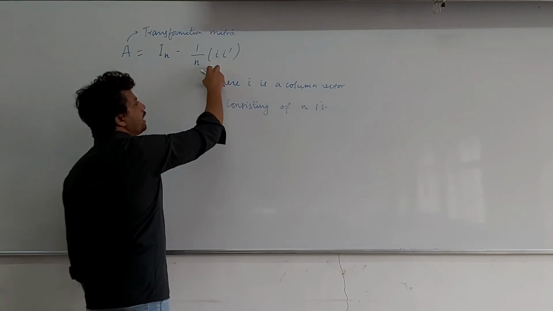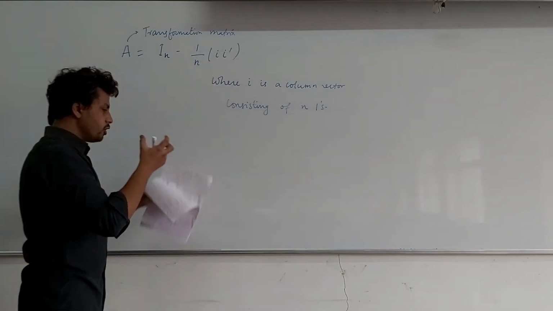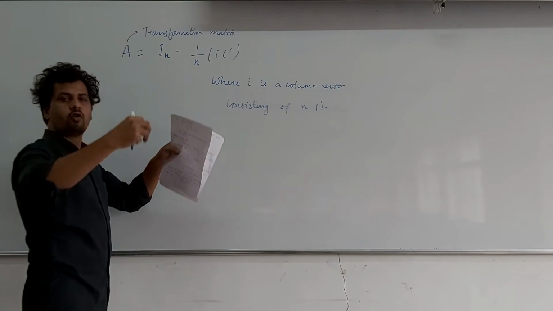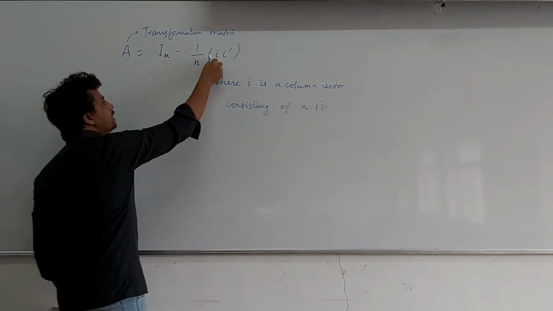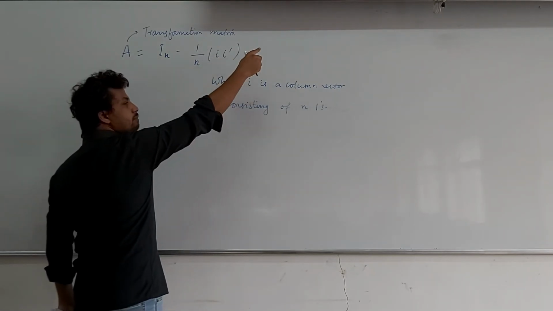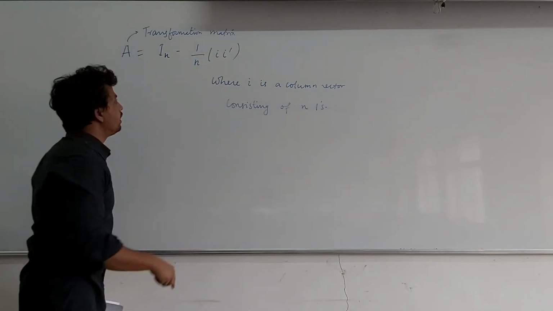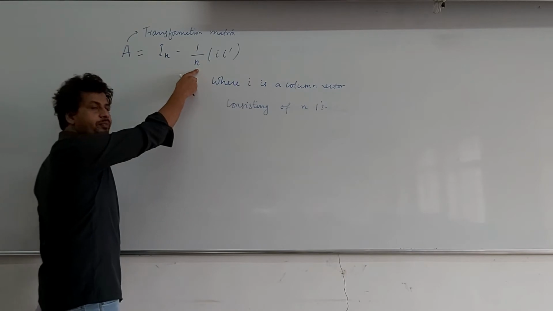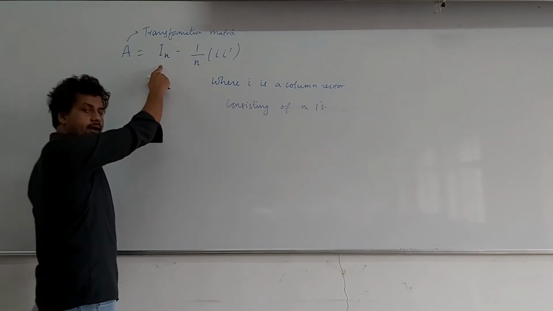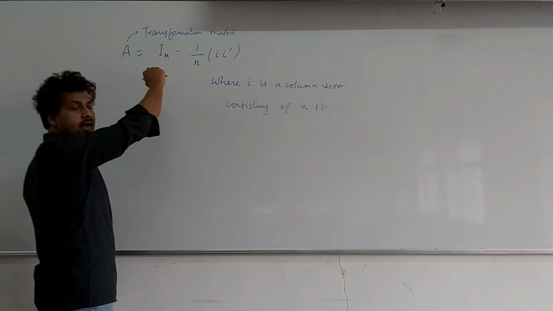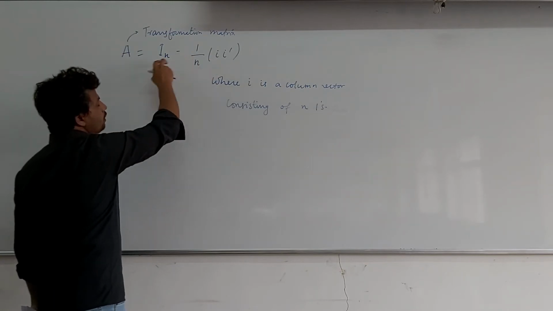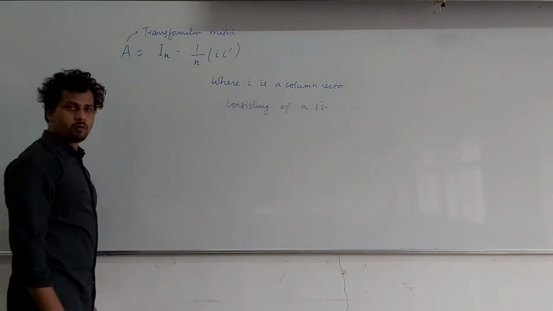And I is multiplied by its transpose. So I is a column vector and I transpose is a row vector. So its dimension is n by 1, and the other's dimension is 1 by n. So the dimension of the product will be n by n. That's why it is divided by n. And this is the identity matrix of n times n dimension. That's why the subtraction is conformable over here.